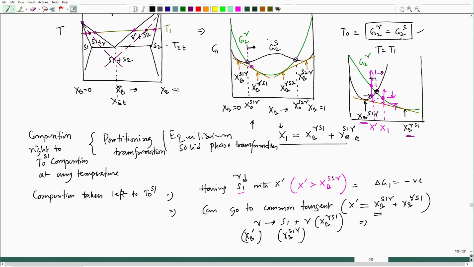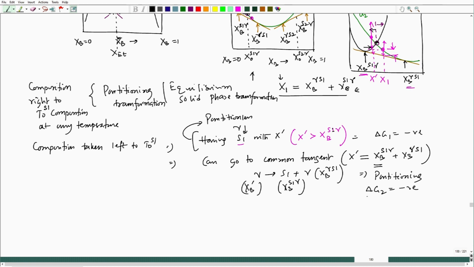So, I see that this is also partitioning, but this particular transformation is actually partitionless, fine.